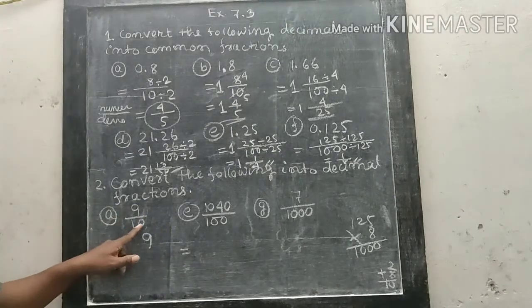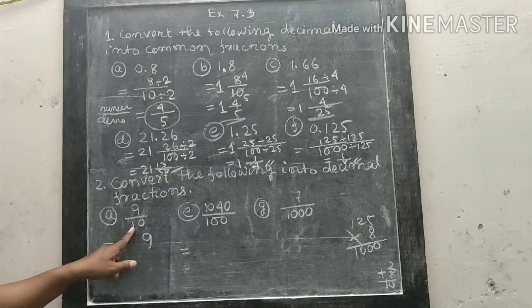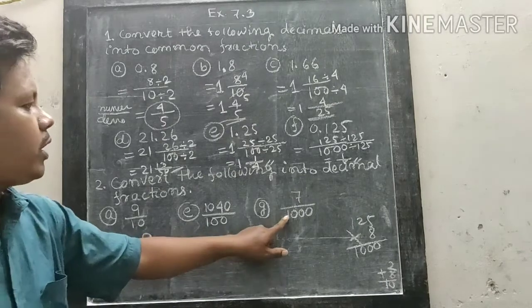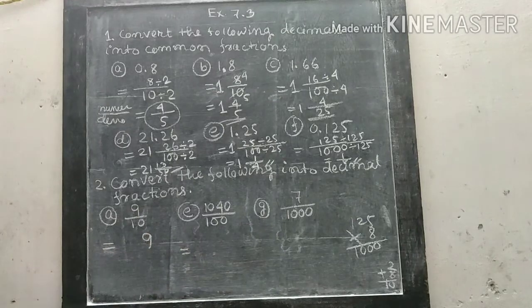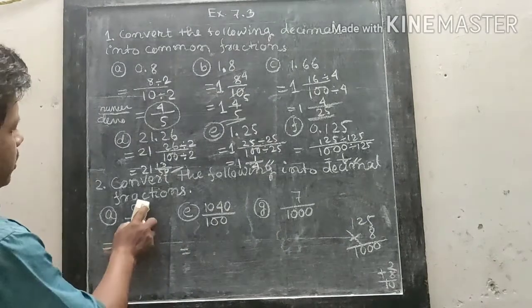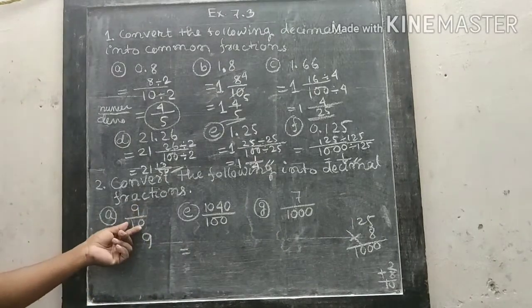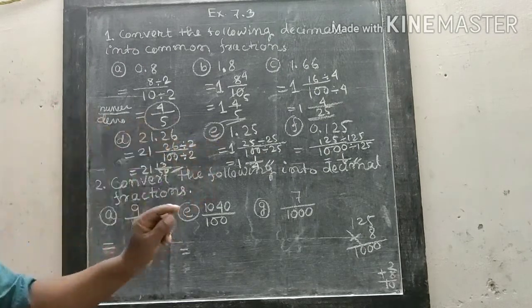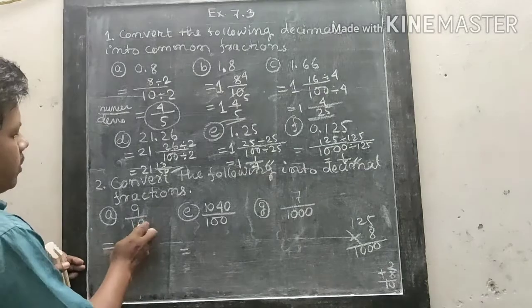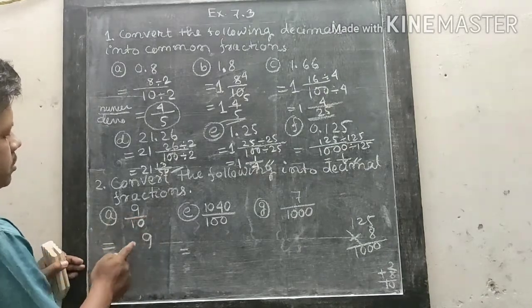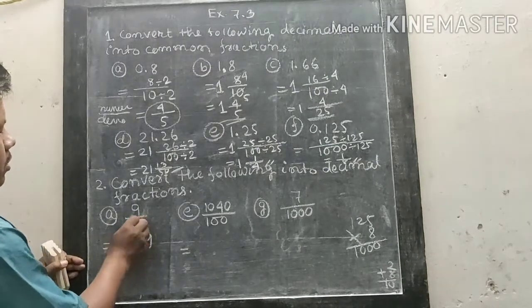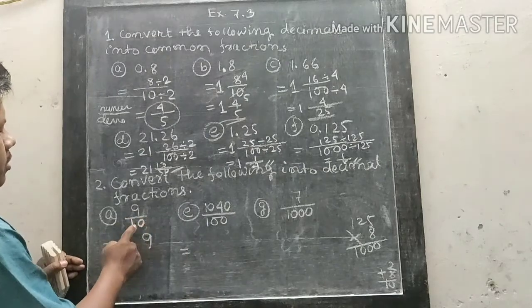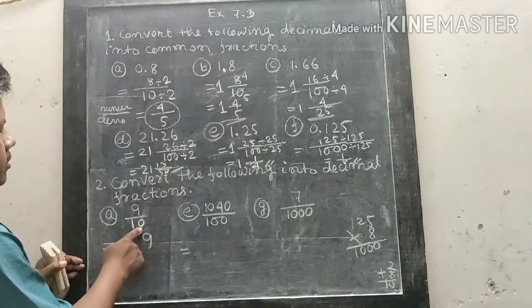You see, if the denominator is 1 followed by zeros, then it is very easy to convert this fractional part into decimal point. We shall count at the denominator 10 how many zeros there are.